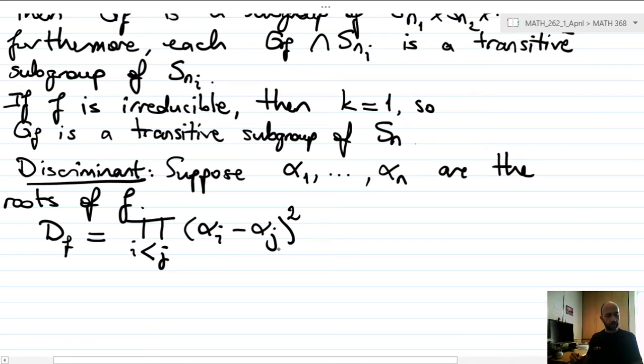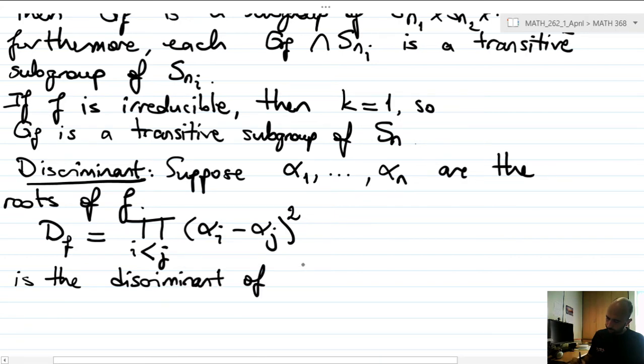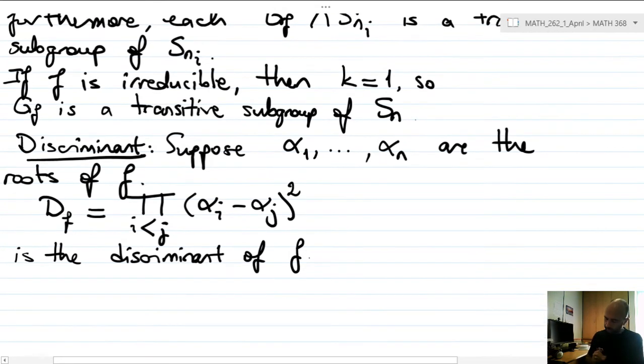So this is the discriminant of f. Since we started with an integer coefficient polynomial, we can say more.